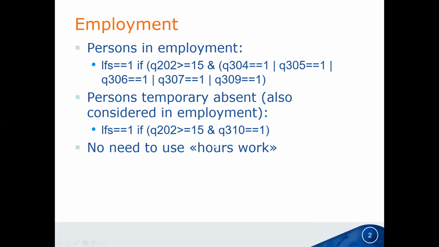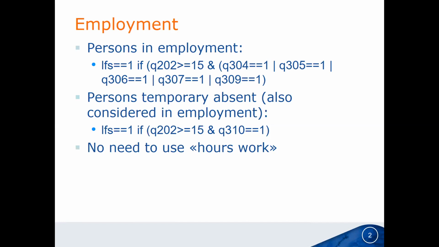So the second group are the persons temporarily absent. That's based on question 310. If the persons are temporarily absent, we also include them in the group of persons who are in employment. I'm specifying here no need to use hours worked as a criteria for employment. Why don't we need to use it? Because the questions already specify if the persons have been working for at least 1 hour in the reference week.